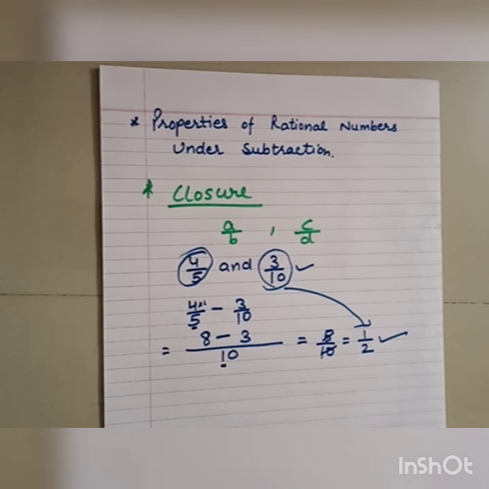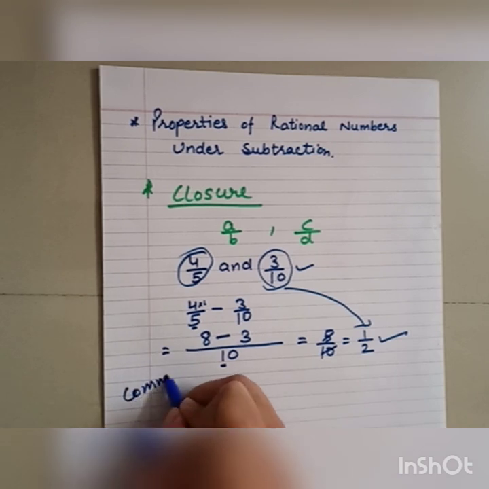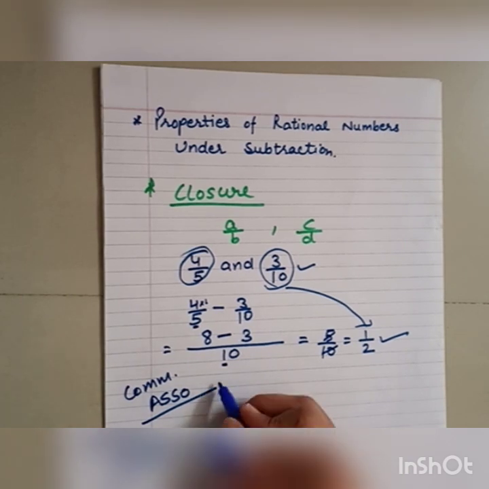Okay, only one property is satisfied for subtraction, the closure property. When we subtract any two, our answer is a rational number. And for subtraction, the commutative and associative properties are not satisfied.